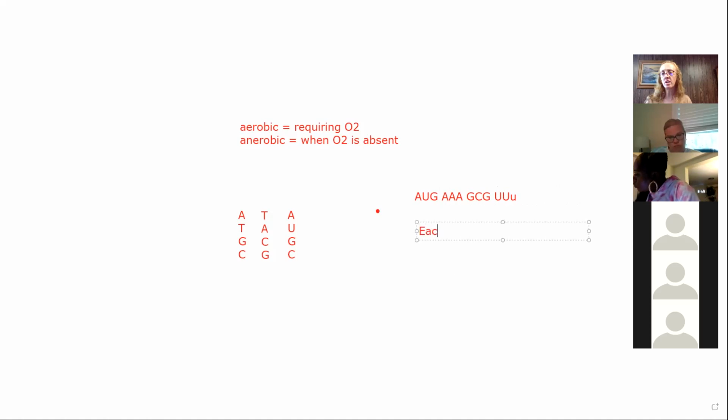So each codon codes for a given amino acid, or a start codon where the protein sequence should start, or a stop codon.